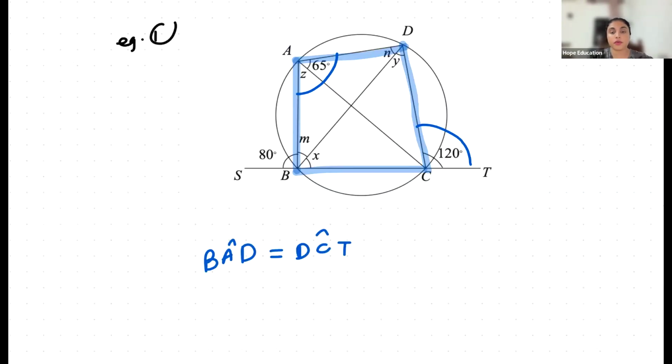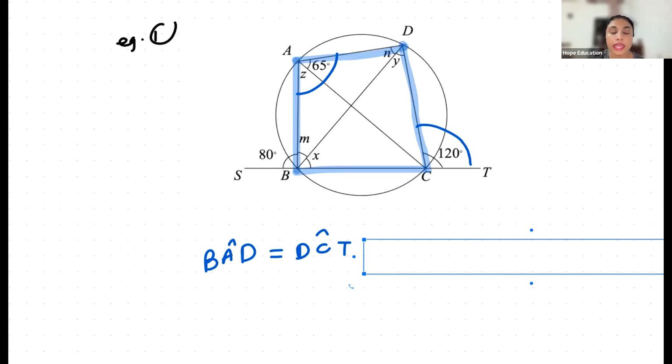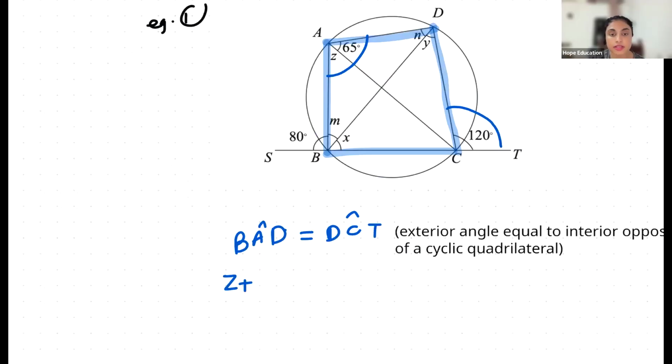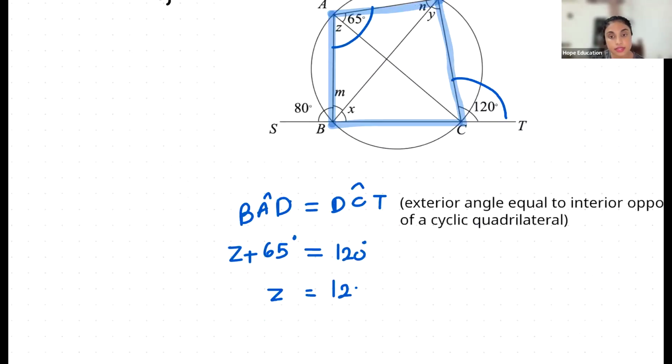The reason you have to write is: exterior angle of a cyclic quadrilateral equals the interior opposite angle. BAD means Z plus 65 degrees. DCT means 120. So Z is 120 minus 65. So you get 55.